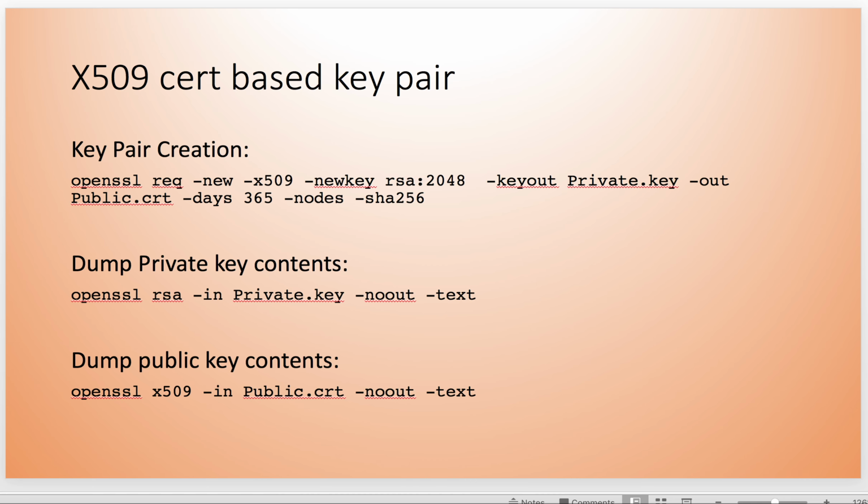So first of all, we'll see how to create a key pair. We saw asymmetric keys. What are those? Now we are going to create asymmetric keys. So what are the commands to create an asymmetric key?